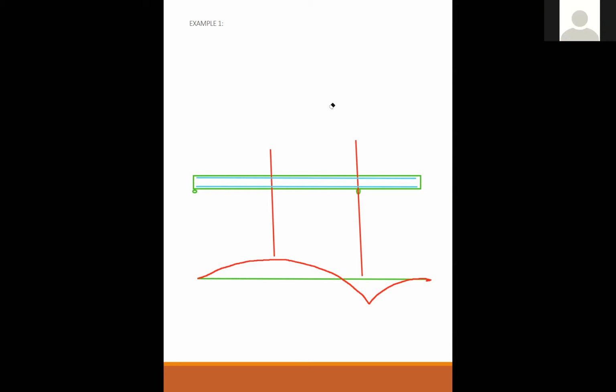So the influence of the beam that's coming in and out of the page is limited to SW over 2 to the left and SW over 2 to the right. So halfway to the beam on the left and halfway to the beam on the right is the limit of what that beam cares about. It doesn't care about anything going on beyond those points.